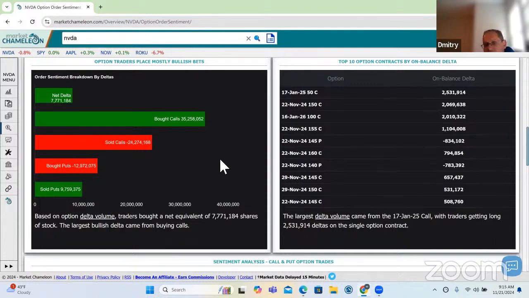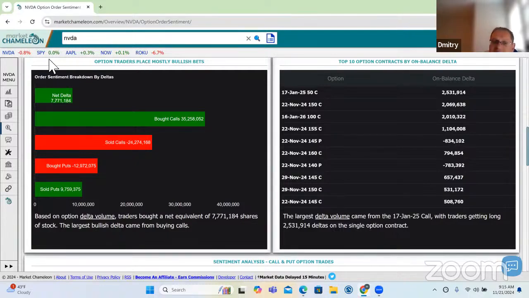When we look at the positive deltas, they could come from call buyers or put sellers, and negative deltas could come from call sellers and put buyers. So what's the breakdown of that look like? Is it coming from mostly call buying or mostly put selling, or where is it coming from?